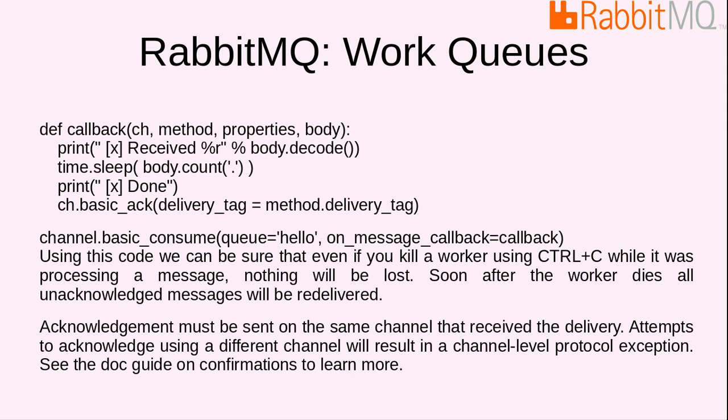Soon after the worker dies, all unacknowledged messages will be redelivered. Acknowledgement must be sent on the same channel that received the delivery. Attempts to acknowledge using different channels will result in a channel-level protocol exception. You can visit the documentation guide on confirmations to learn more.